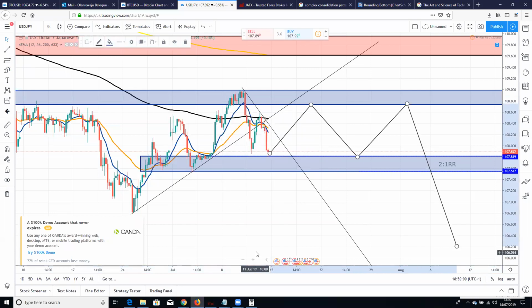All right. So our trade in the direction of the trend break, okay, is we are anticipating a slight push up higher.